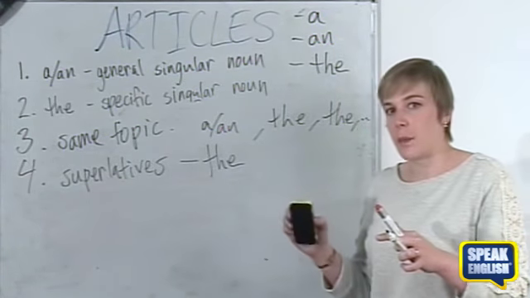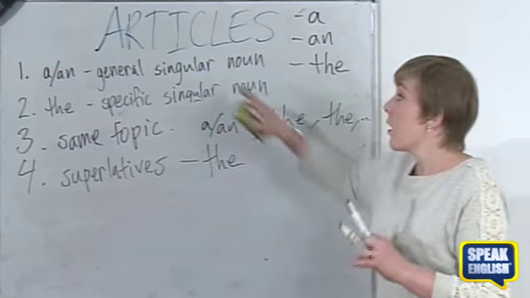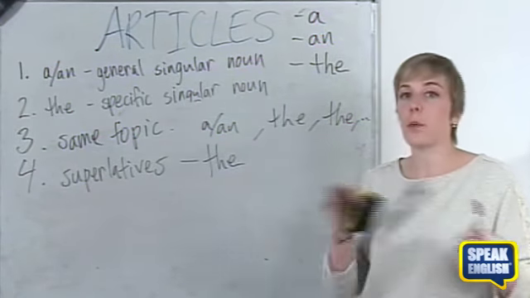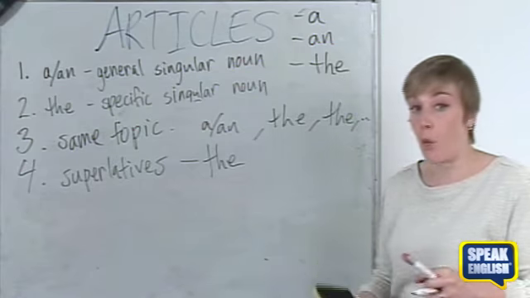Now I'm going to change it a little bit, and we're going to talk about not singular nouns, we're going to talk about plural nouns. And again, things become more complicated.